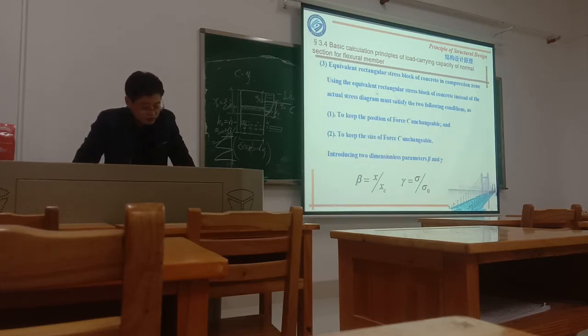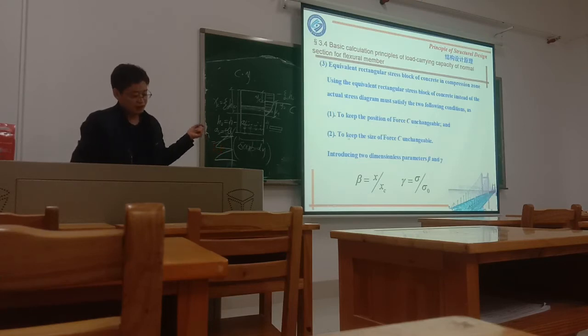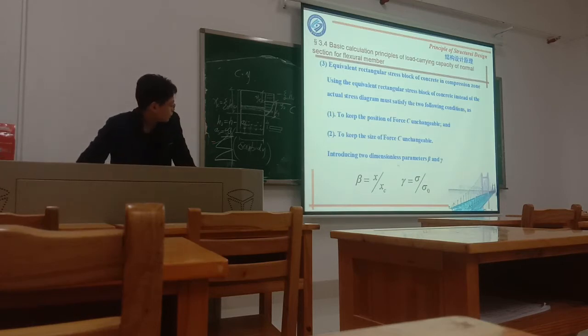The equivalent rectangular stress block for concrete, instead of this real actual stress diagram, must satisfy these two following conditions: keep the position of the force unchanged, and keep the sign of the force unchanged. The value and the position cannot be changed. This is the basic thing.